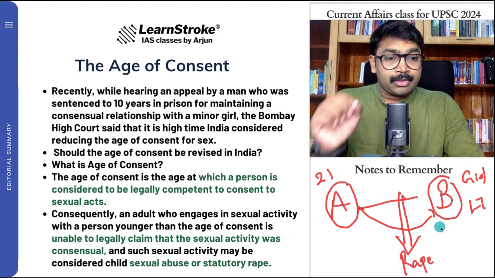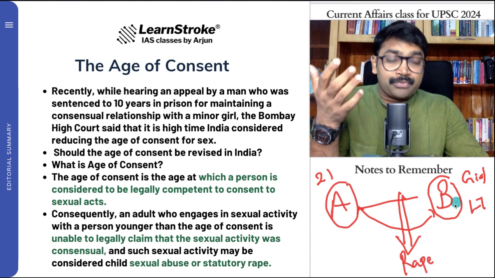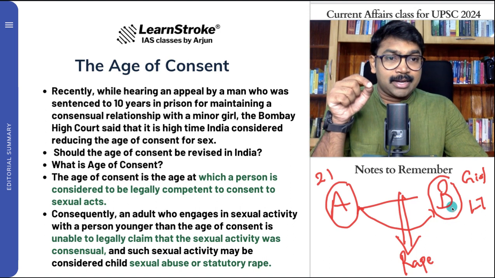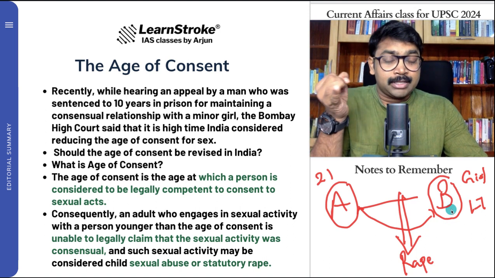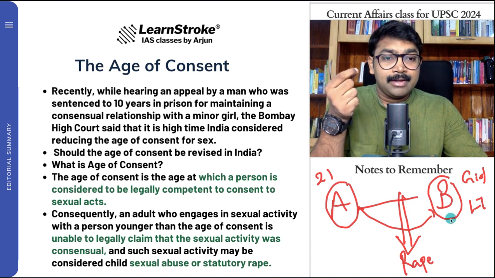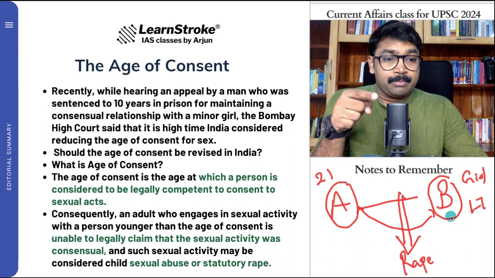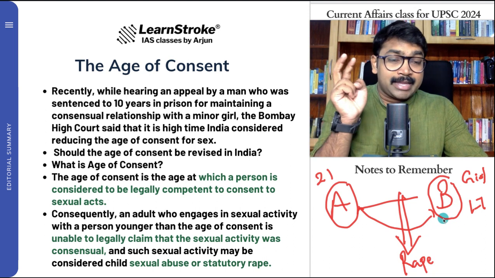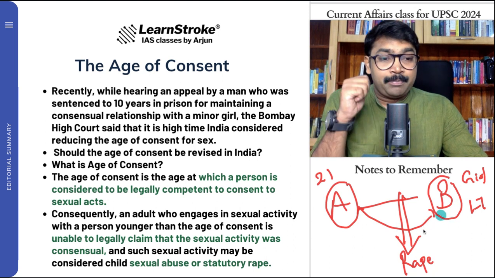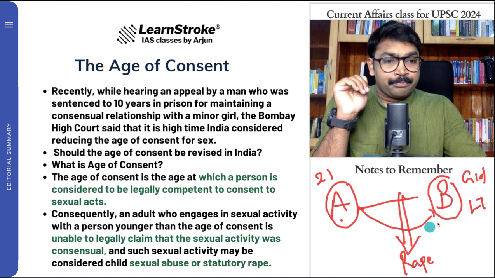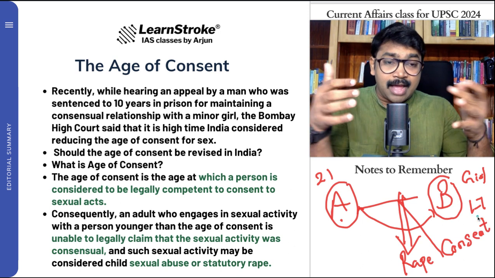You know why? Because in a lot of cases, B is a girl, so B's father and mother, the parents, will give a complaint that A has raped B, or A has kidnapped and raped B. In most of the cases, you see that A and B had a sexual relationship only after consent. The girl B gave consent that let's have a sexual activity.